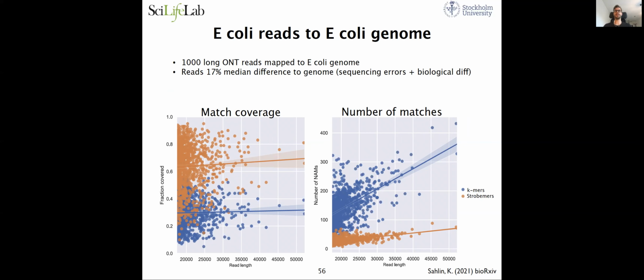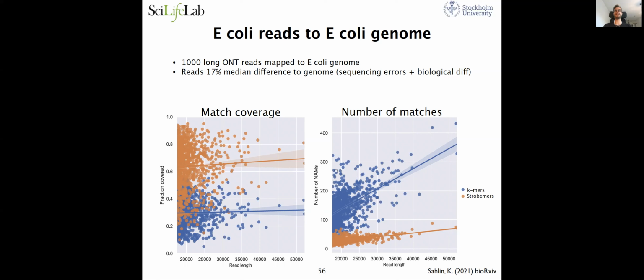Ignoring the exact details in the interest of time, we roughly looked at how much the matches of these protocols cover on the read. And we could see that in general we have a much higher match coverage for strobemer protocols compared to k-mers.